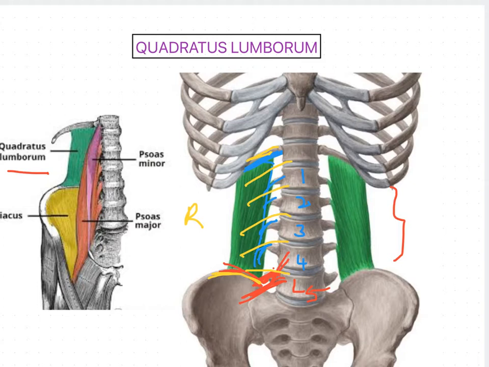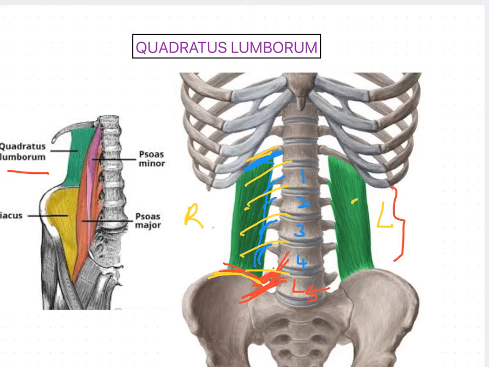That means only one side of the muscle is contracted, and then it causes lateral flexion. If both the right side and left side muscles act together, it causes extension of the lumbar vertebral column.